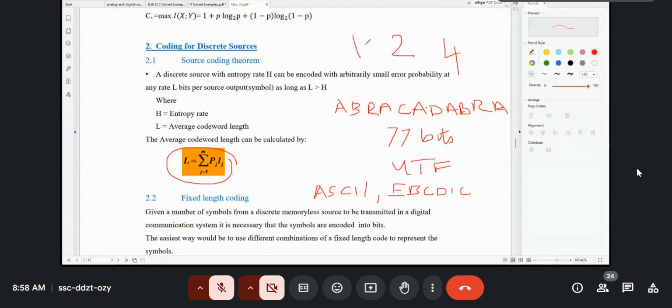That's what length means, and we are saying the average length is given by this formula. So long as L is greater than H, then you can do that.